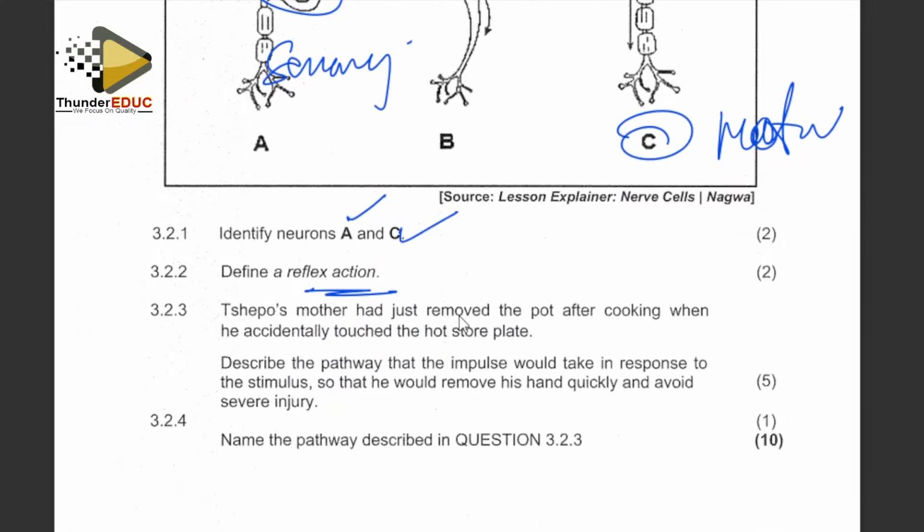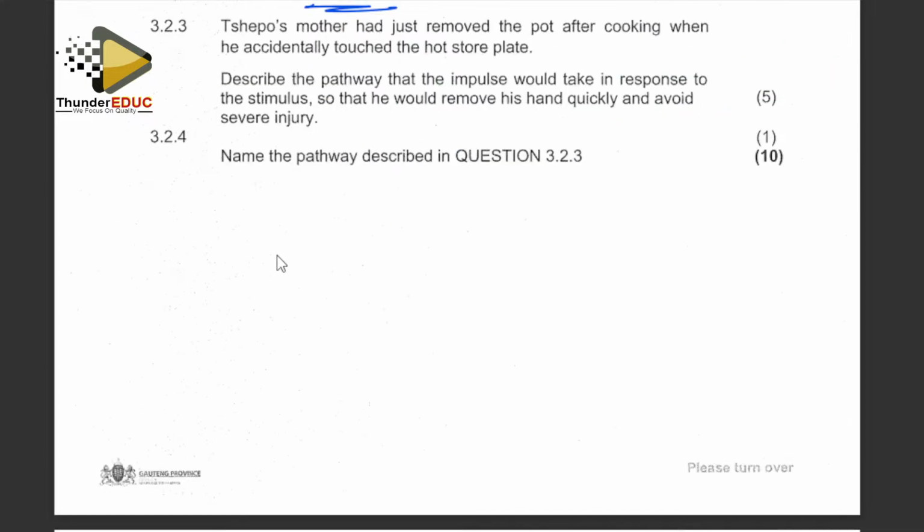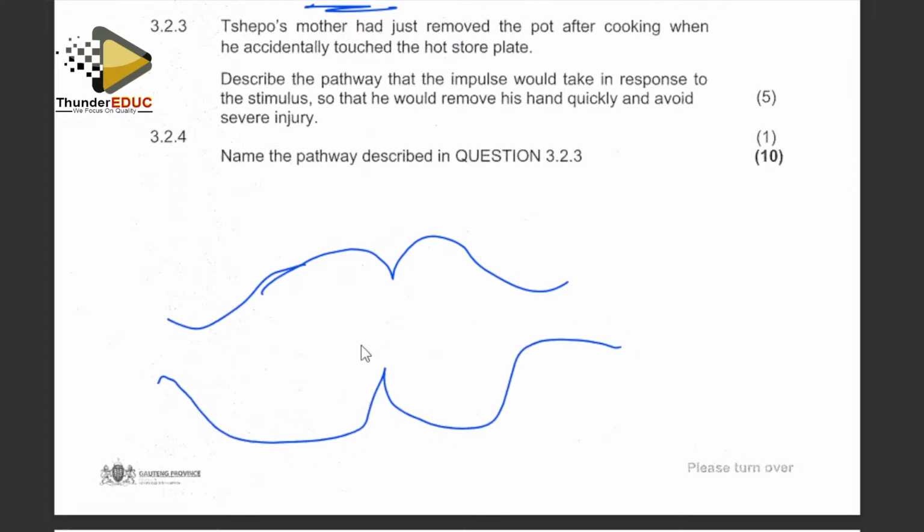Suppose mother had just removed a pot after cooking when she accidentally touches the hot stove plate. Describe the path traveled by the impulse to bring about this. Basically, I told you, in our discussion we talked about it, that you just use Mr. M and Mrs. W, if you don't remember, and then they have a bow tie.